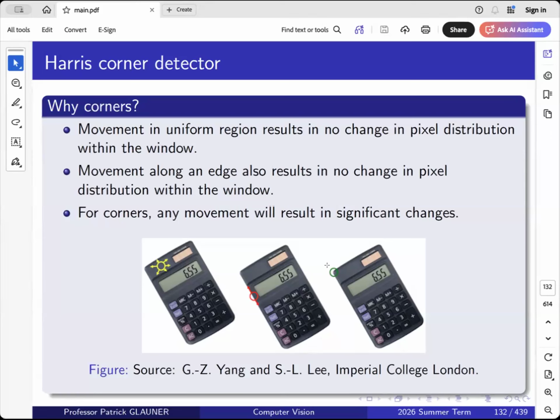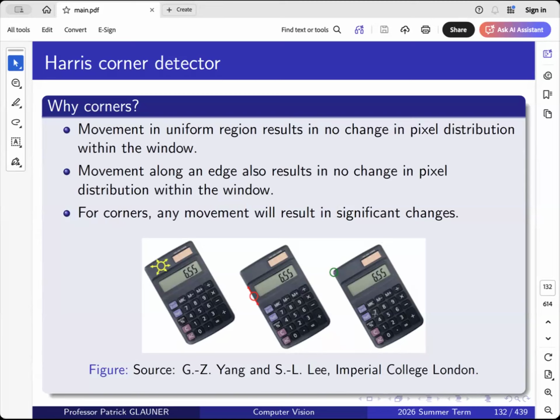But for corners, if I'm on a corner and whatever direction I move to, I would typically get a much bigger change of intensity. So corners are way more distinctive than straight lines or edges, and corners are super helpful as features, which I would put into some other subsequent step in my pipeline, like a machine learning system to detect objects.